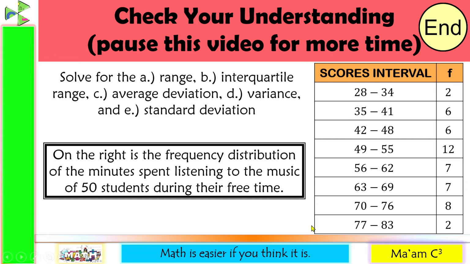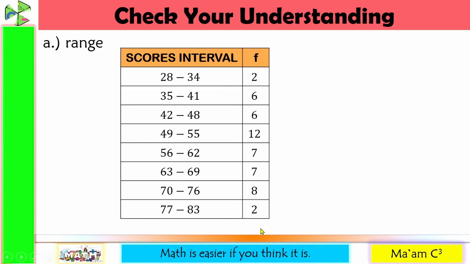So let us first solve for the range. Let us recall the formula. So range is equal to the upper class boundary of the highest interval. Highest interval, so that would be 77 to 83. And the upper class boundary, that would be 83 plus 0.5, which is 83.5. This one is the lower class boundary of the lowest interval.